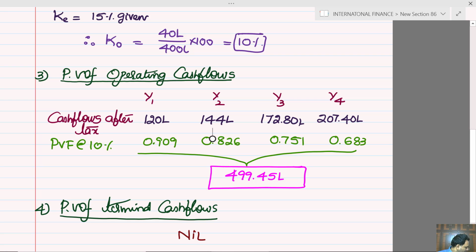P plus I, P plus I, P plus I, P plus I. So you are deducting 10% interest. So if it is 10% interest thereon, you have only the principal amount every year.